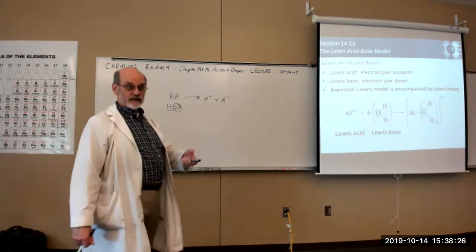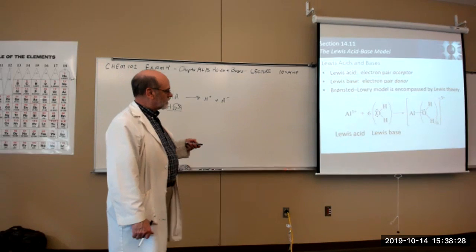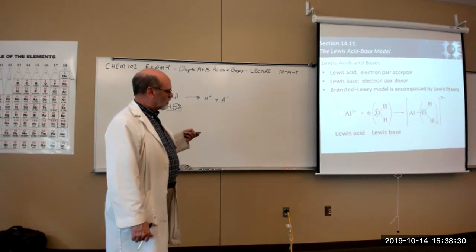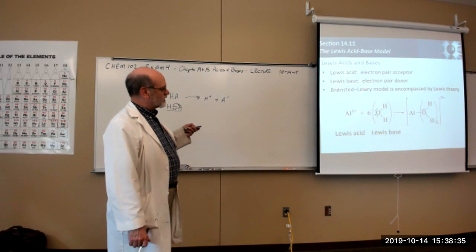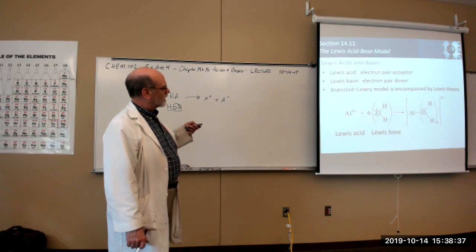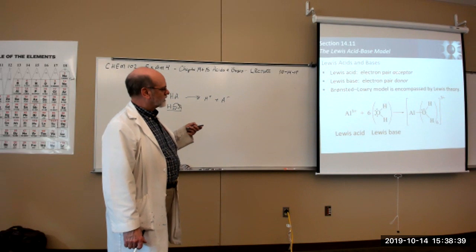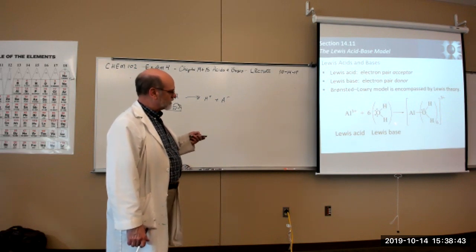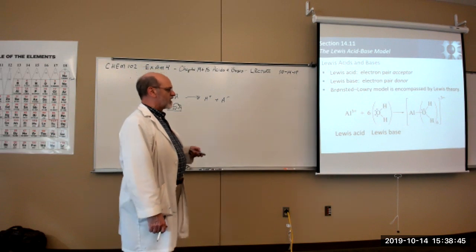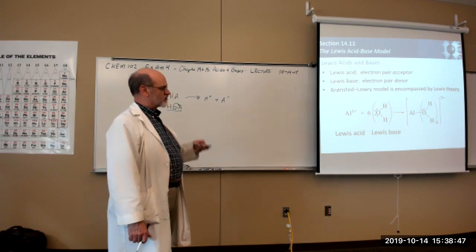So this is an aqueous solution, and the aluminum ion is a Lewis acid because it's an electron pair acceptor. Right? So it accepts electrons from here. That's the acid. This is the base, and forms this complex ion.